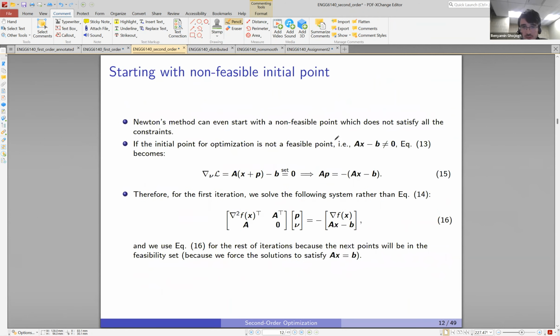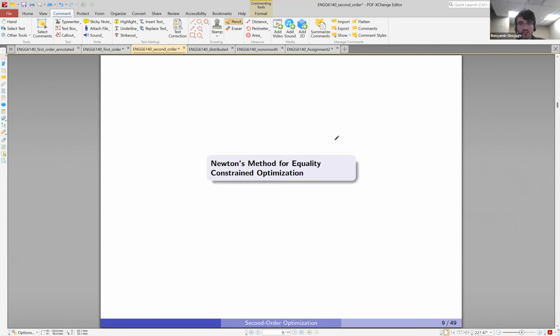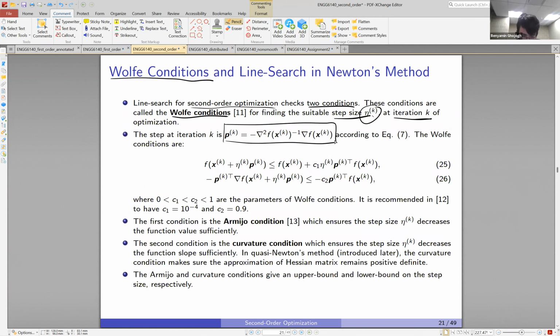Recall equation 7 or equation 8. In equation 7, delta x is also denoted by p: minus Hessian inverse times gradient. Here we are repeating it. Now the Wolfe conditions are equations 25 and 26.